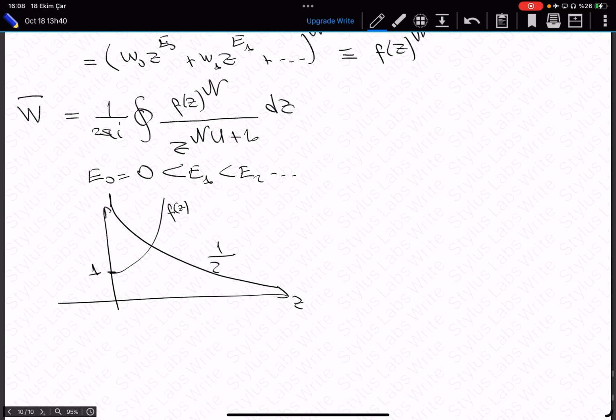This is 1 over z to the nu plus 1. And since n is huge, nu will be huge, so this also goes to 0 very fast.